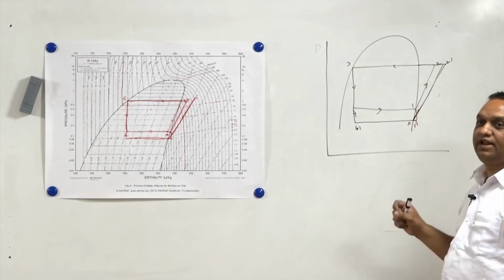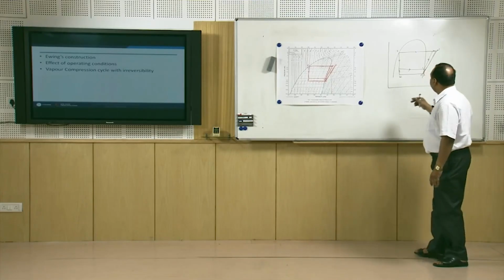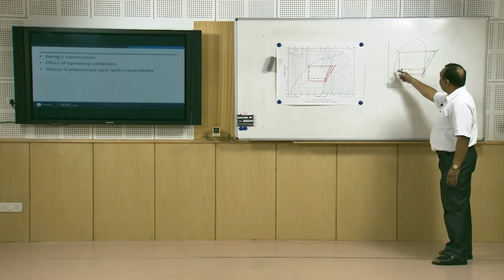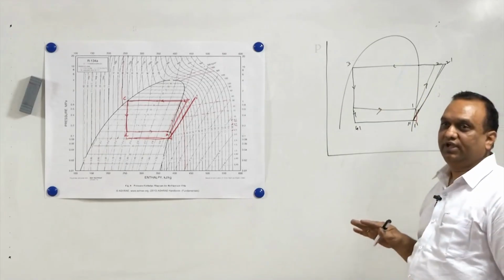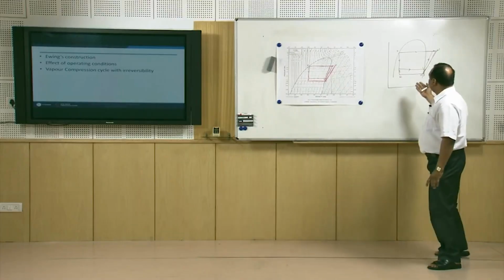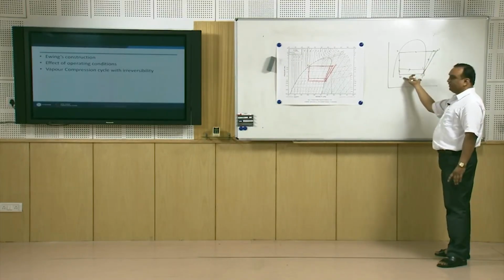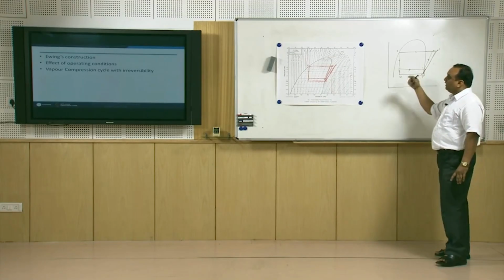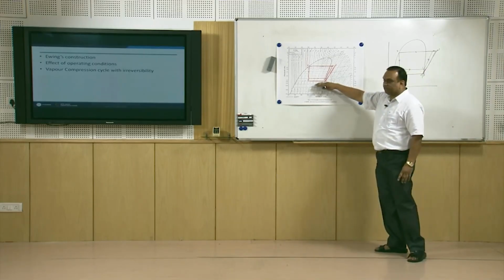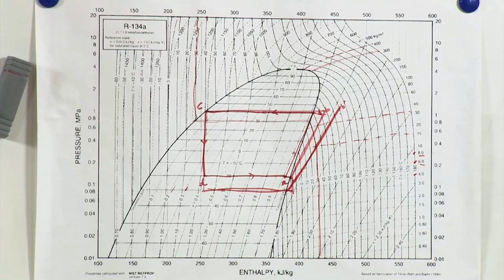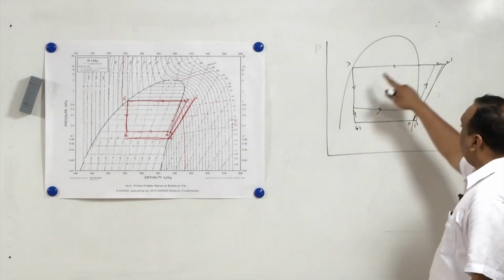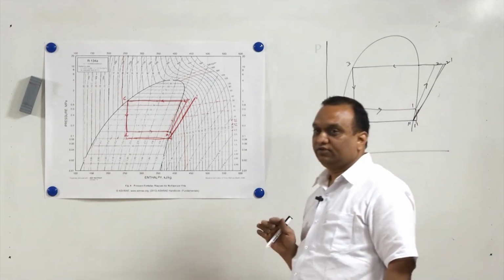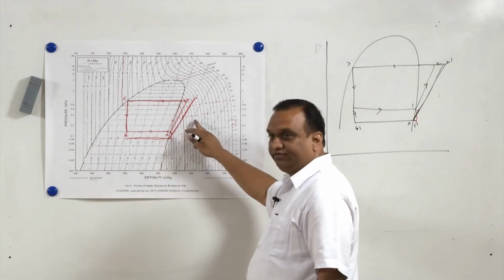It means the mass of the refrigerant which is being circulated in this cycle is also reduced, which will also reduce the refrigerating effect. So, when the evaporator pressure is reduced, the refrigerating effect is reduced, the compressor work is increased, and the mass of the refrigerant being circulated in the cycle is also reduced due to change in density.